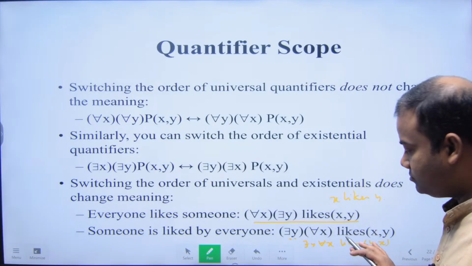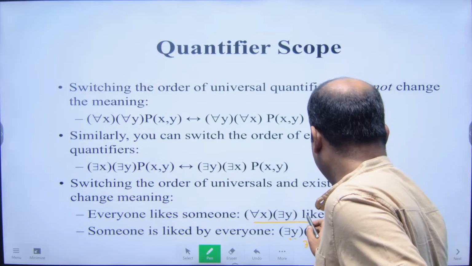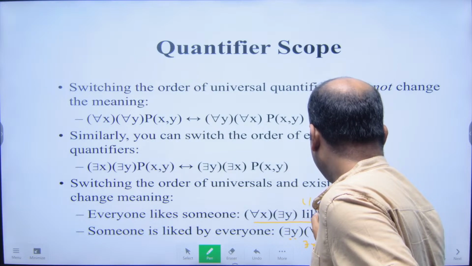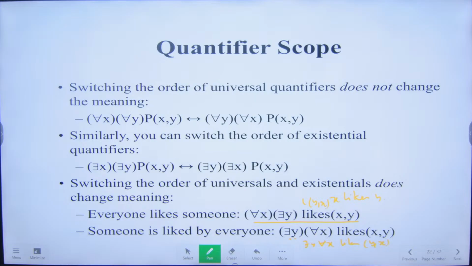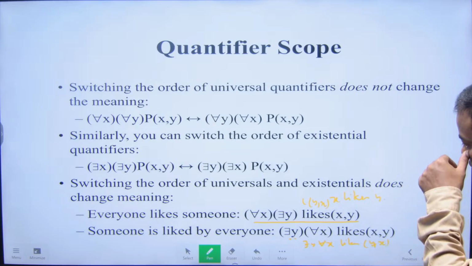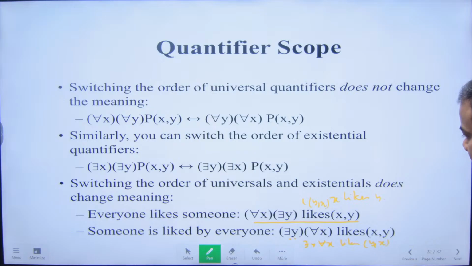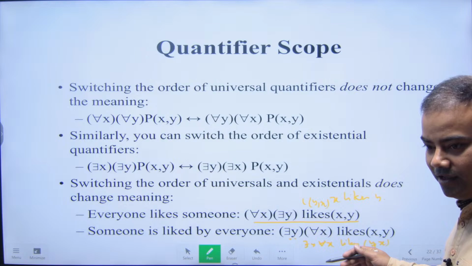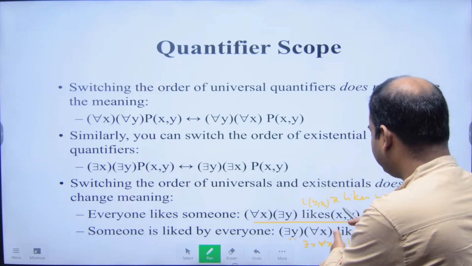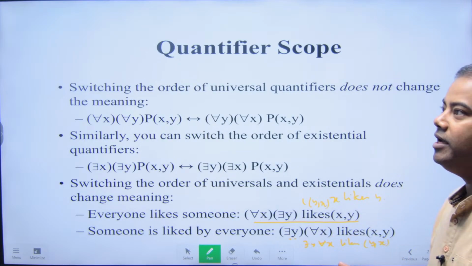Is it clear? Now what happens if you change it to L(y,x)? There exists at least one y who is liked by all x. Correct. So again we have to speak it actively. If you change this, then that is what active and passive are.